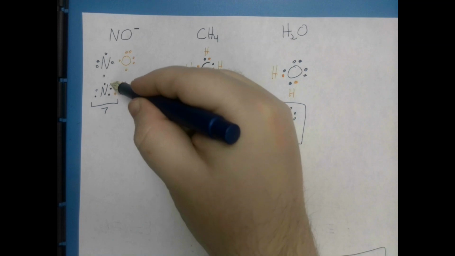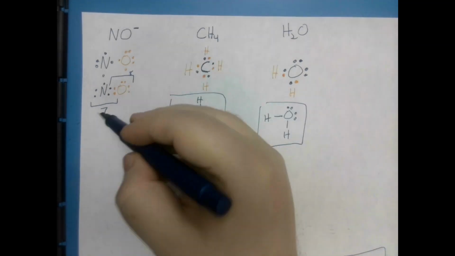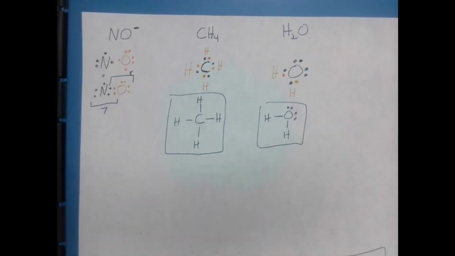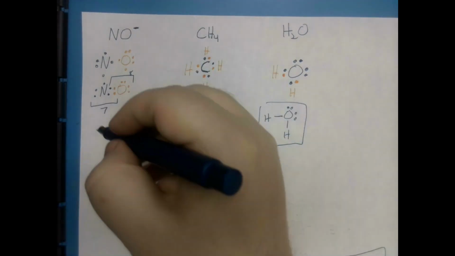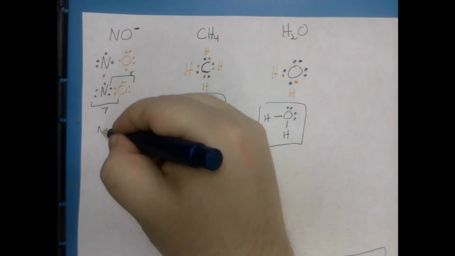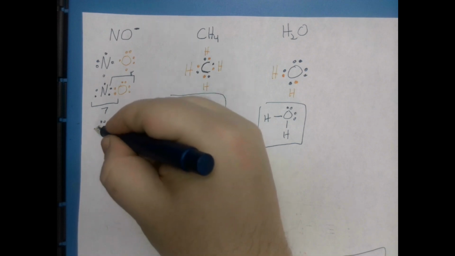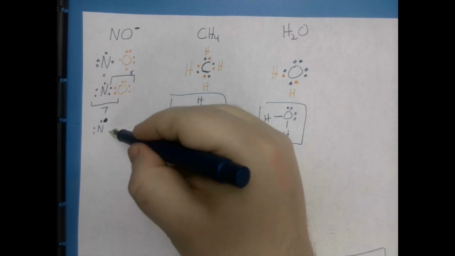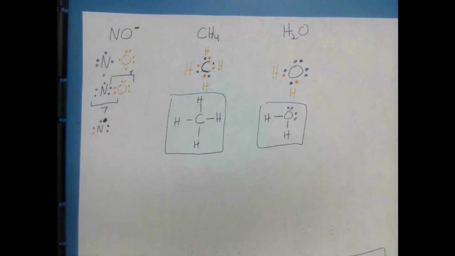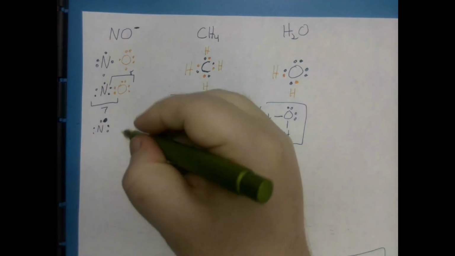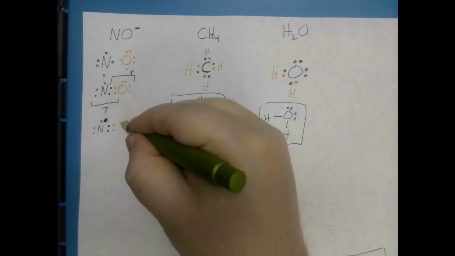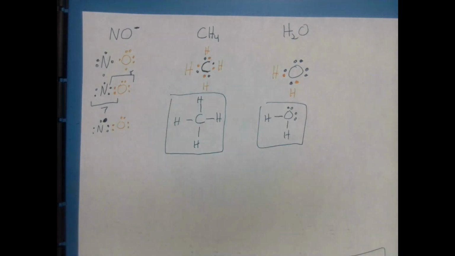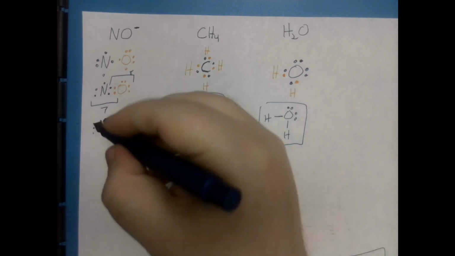And over here we have 8. This one is missing 1 electron, but this needs 1 electron to make it negative. So let's go ahead and add that electron right here. So this is the 1 electron I added to make this negative. And now this satisfies the octet rule.